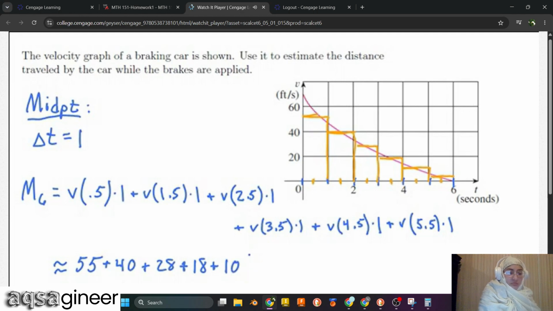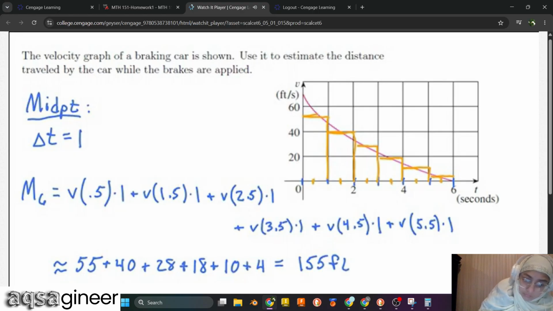Good approximation there, plus about 4. So we're trying to read off the heights of each of these rectangles. That one's about 10, it's about 4, just short of 20, say 18. This one, just short of halfway, so 28, and so on. And doing this calculation, we get 155 feet.